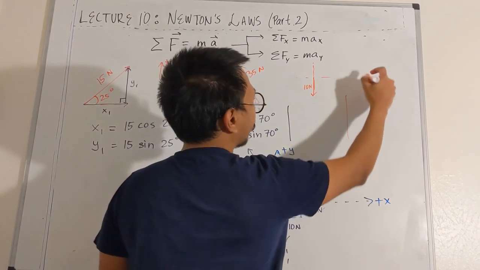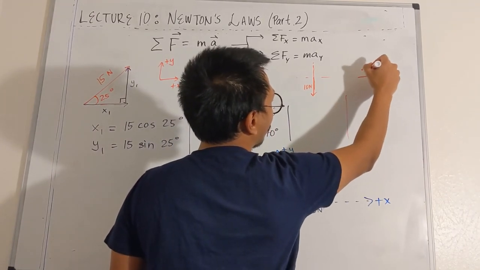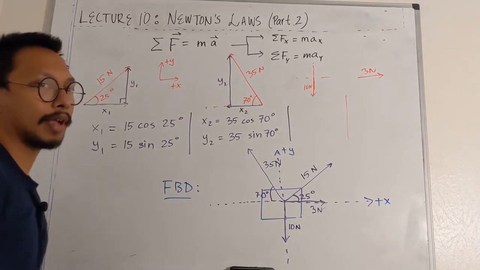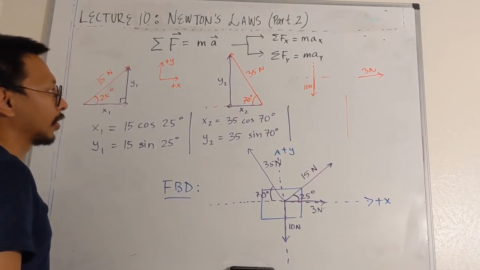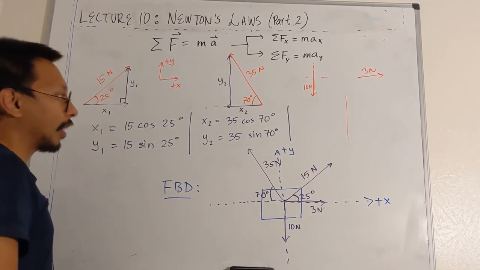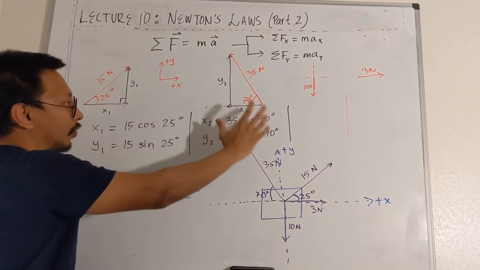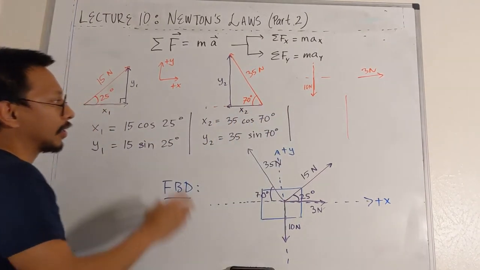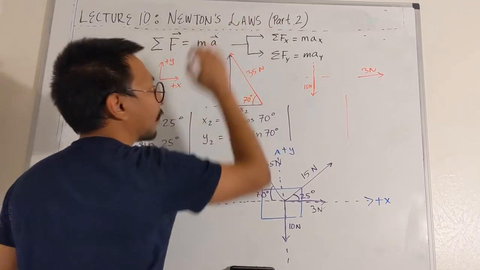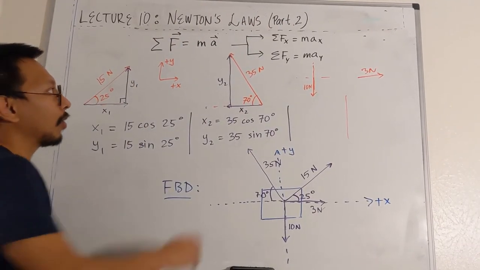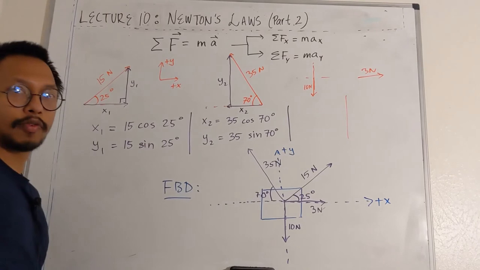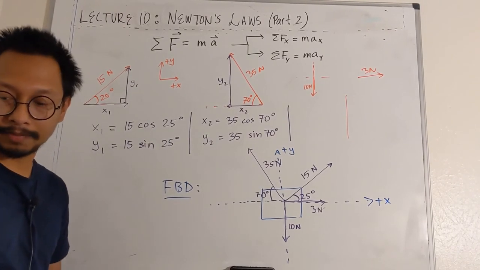And also we have a completely x force, which is 3 Newton, meaning it doesn't have any y component. All right, so these are the forces, and now that we have found the components of all these forces in the x and y directions, we are free to evaluate our Newton's second law equations for each direction independently.